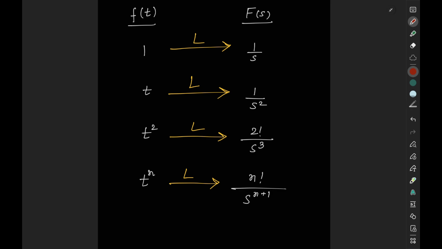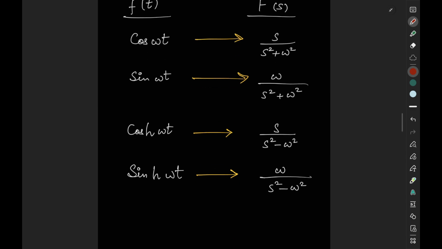For t square, it will become 2 factorial upon s cube. In general, for t to the power n, the Laplace transform will be n factorial upon s to the power n plus 1.